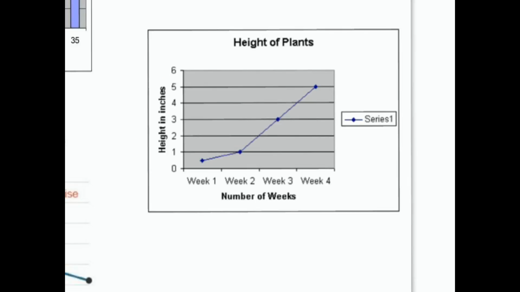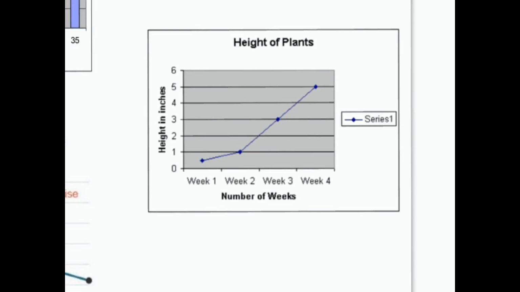So the thing that I know is the time. I know on the x-axis that every week I'm going to measure how tall my plant gets, and this time we're using inches. So at week 1 it's about a ½ inch, week 2 1 inch, week 3 3 inches, and week 4 your plant height was 5 inches, and there's your line graph.